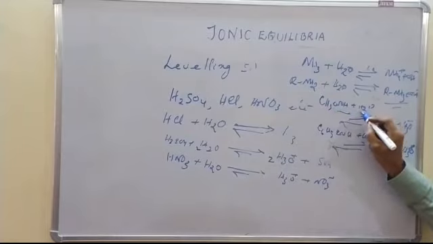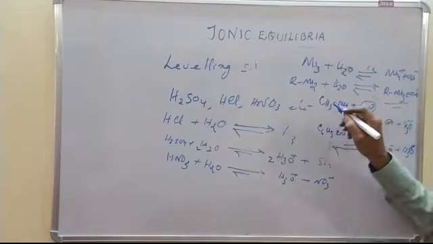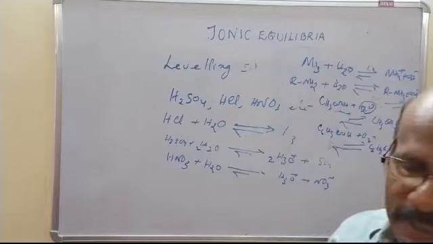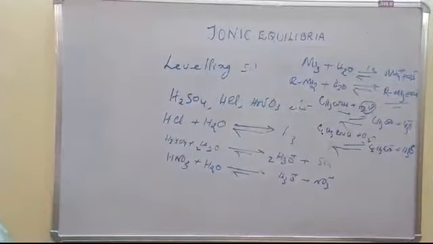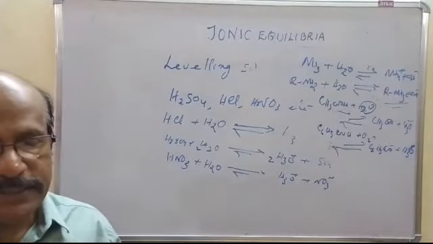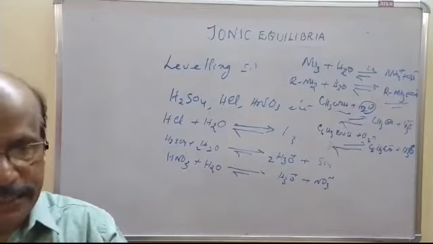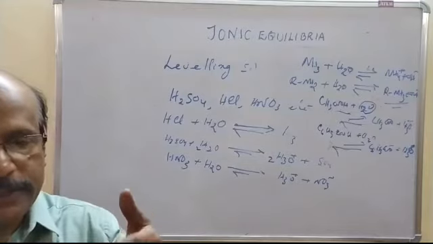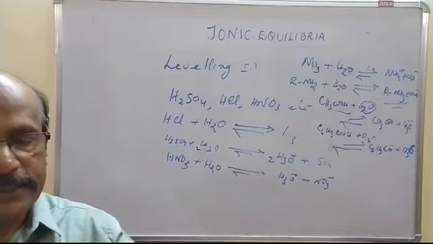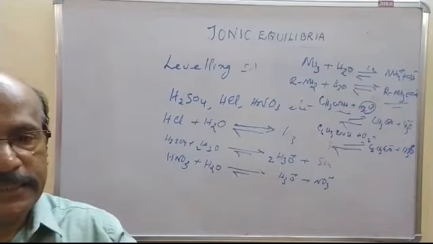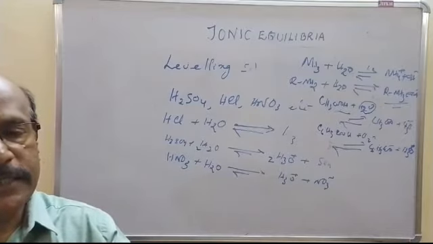But when water is replaced by ammonia, when ammonia is acting as a solvent, it is acting as a leveling solvent. That I wish to say. Acetic acid is fully ionized, just like HCl, if you are taking ammonia instead of H2O. In the presence of ammonia, acetic acid acts as a strong acid, so ammonia is a leveling solvent.